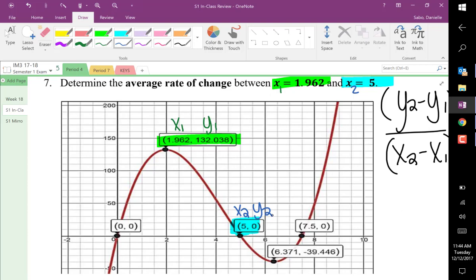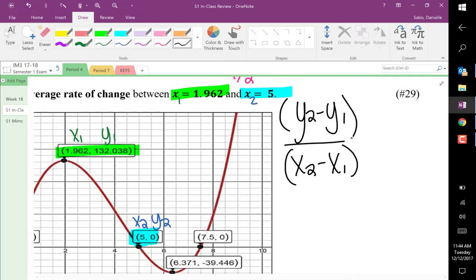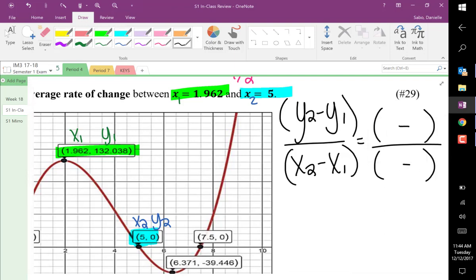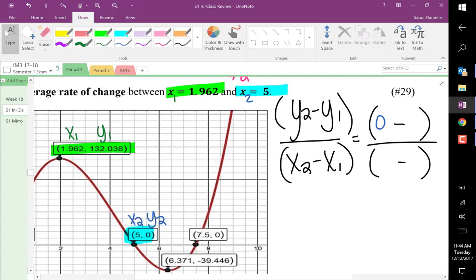So now we can plug in our whole entire formula. Now it's easy. Let's just plug it in as I see it. I'm going to keep everything in black, that should stay the same because I'm not really doing anything with it. And I plug in what I know. y2, you guys told me was 0. Putting that in. y1, you told me was 132.038.